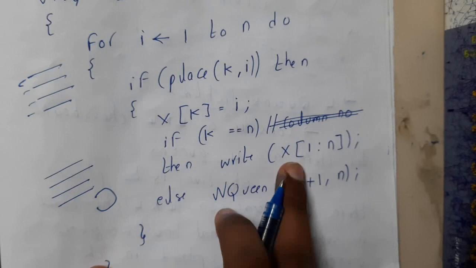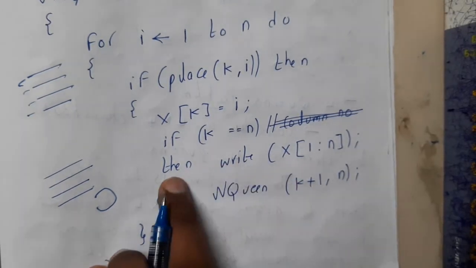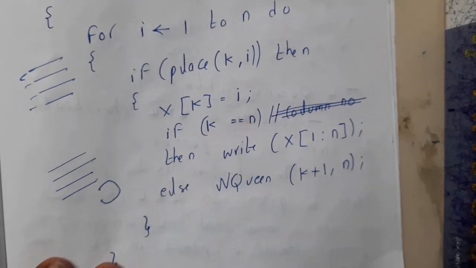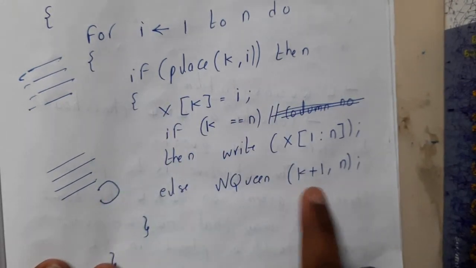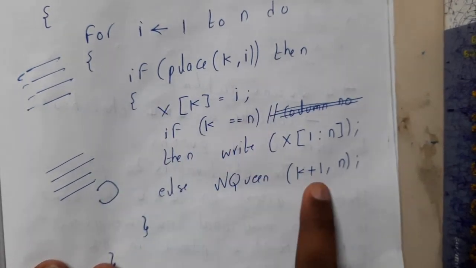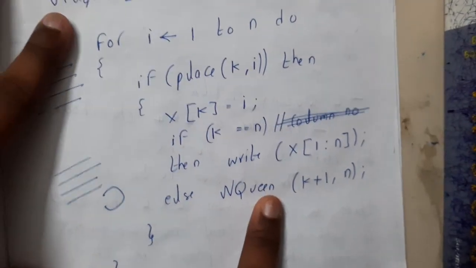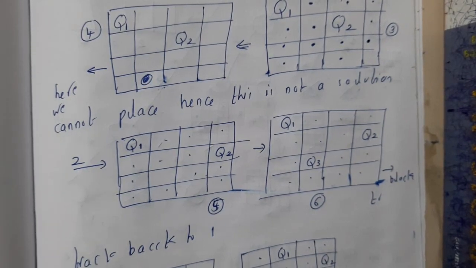Else you will do it for k plus 1 n. So even you can say that k equal to n means you have reached the end, so you need to move back and continue. That is nothing but the first line is done, so moving on to the second line. Okay, so in this way the algorithm works guys. I have just given you an outline, because I am also not 100% clear with these algorithms. Backtracking algorithms are a bit confusing to understand.